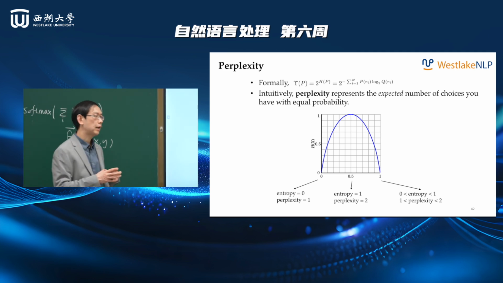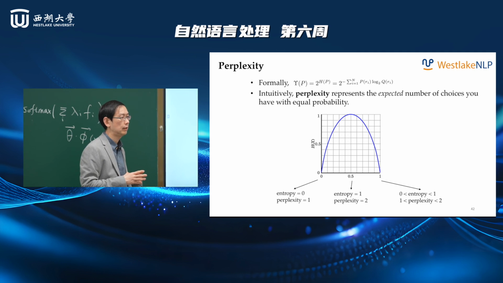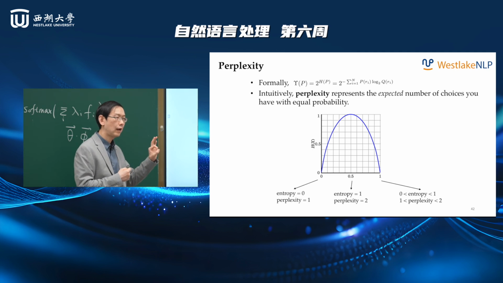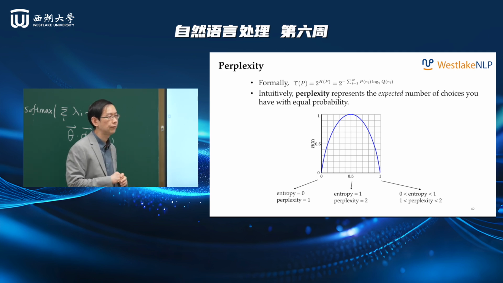For an unfair coin, the entropy will be smaller than 1, right? And 2 to the entropy will be smaller than 2. So that's the perplexity. Which means the coin will have less than 2 faces, essentially, if they are equally likely.